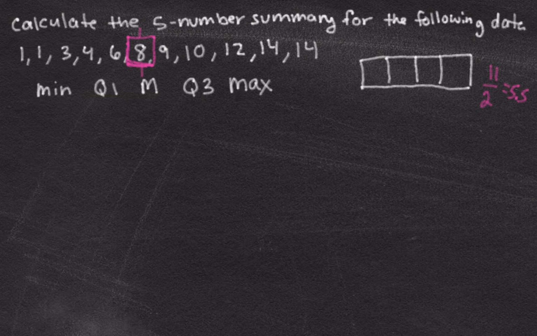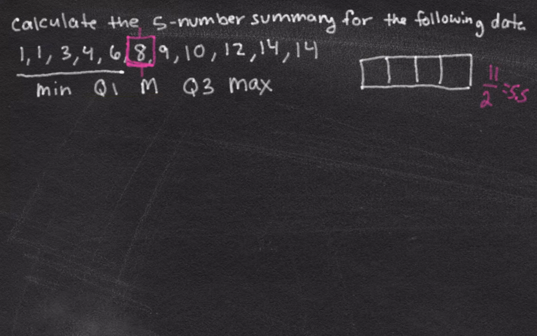To find Q1, I want to keep dividing up my data. I need to divide it up into 4 sections that all have the same number of data points in them. So basically, I'm going to look at these 2 halves and divide them in half. So I'll look at just this first half of the data and find the median of just these first 5 numbers, and that's going to give me Q1.